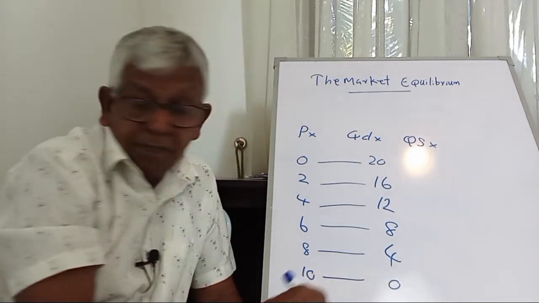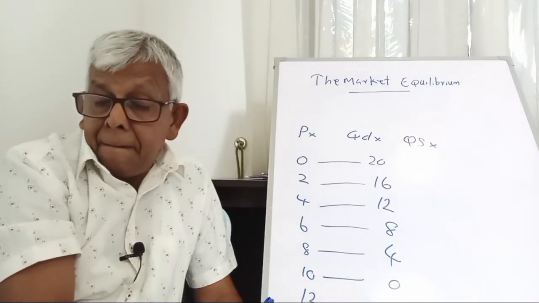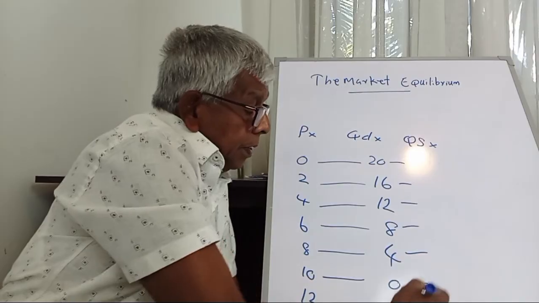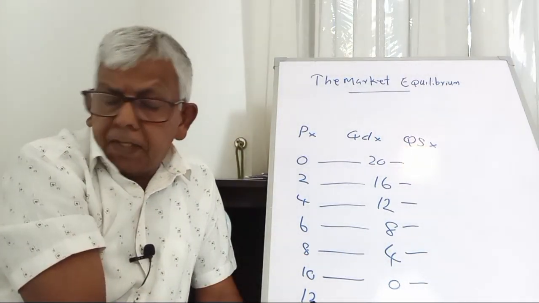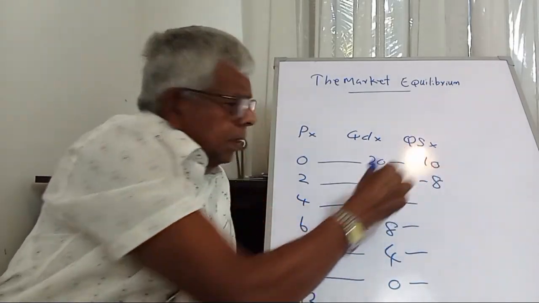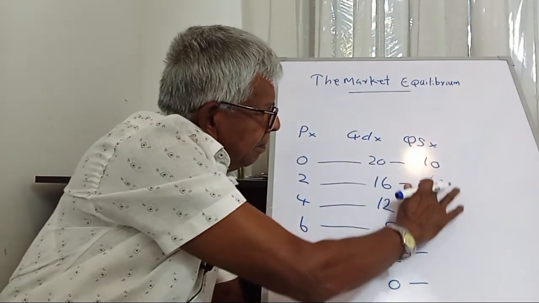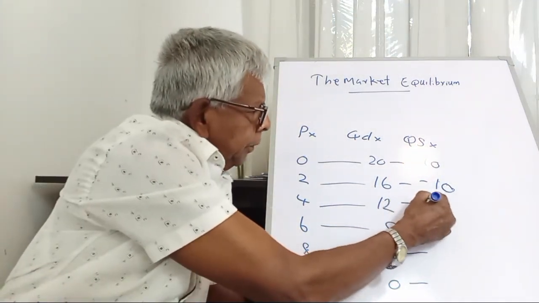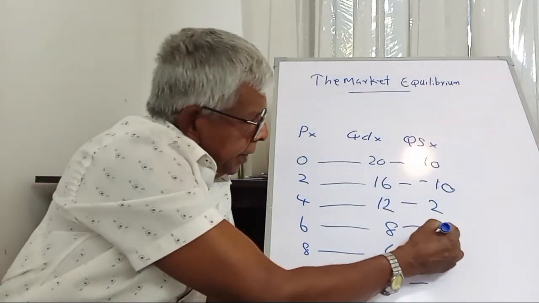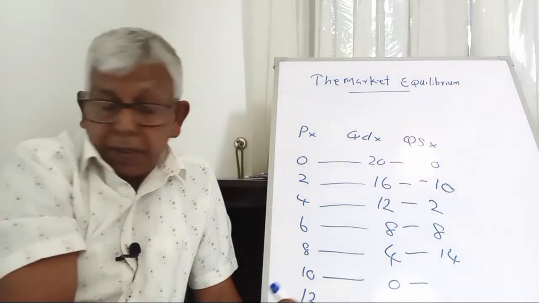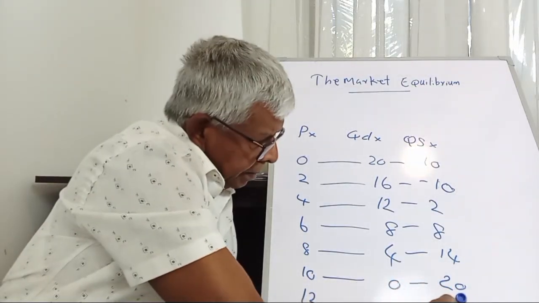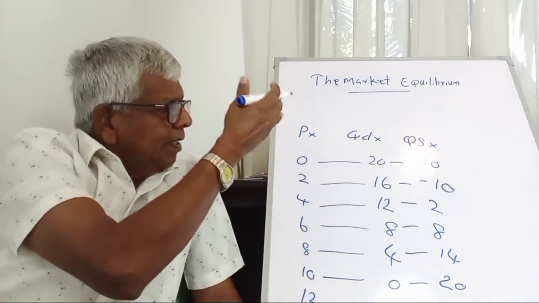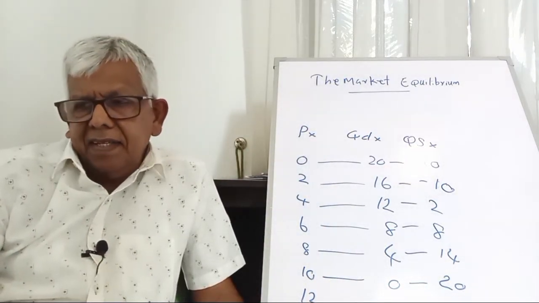Qsx: minus 10, minus 4, 2, 8, 14, 20, 26. This is a schedule.